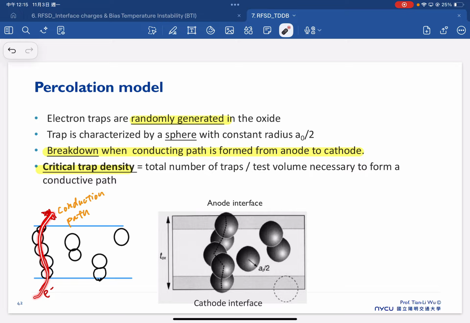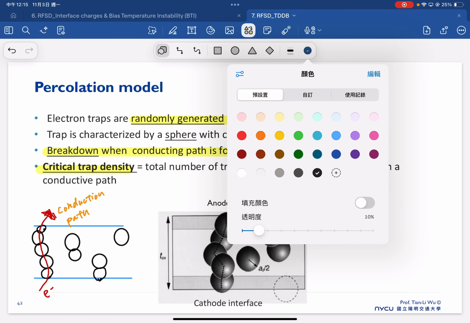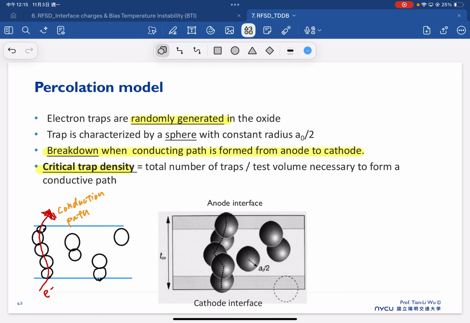This is also perfect to explain why thin and thick dielectrics differ, and why this model is very useful.